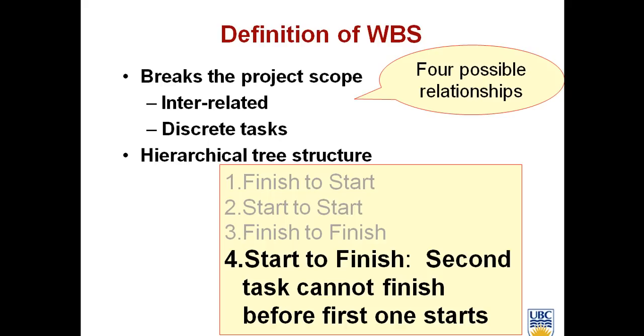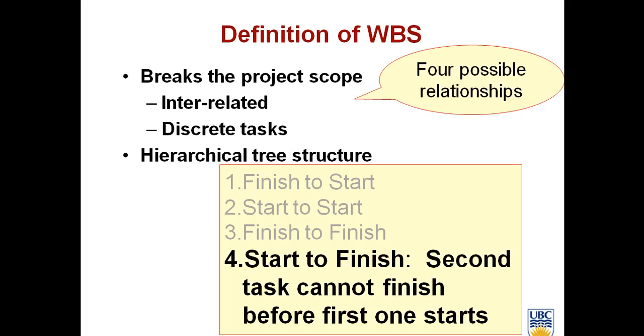And finally, last but not least, is start to finish, which means the second task cannot be finished until the first task is started. Or in a sense, one task cannot be finished until another task is started.